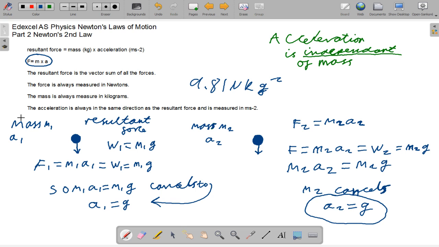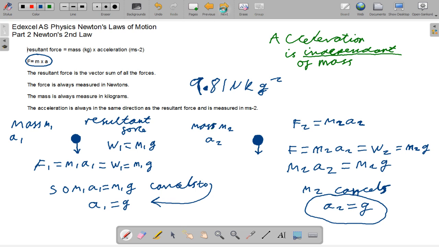By showing you two identical examples, I'm showing that 9.81 is constant. There are some fluctuations around the Earth's surface, but they're so minor that as a student, you just have to remember that it is 9.81 newtons per kilogram.